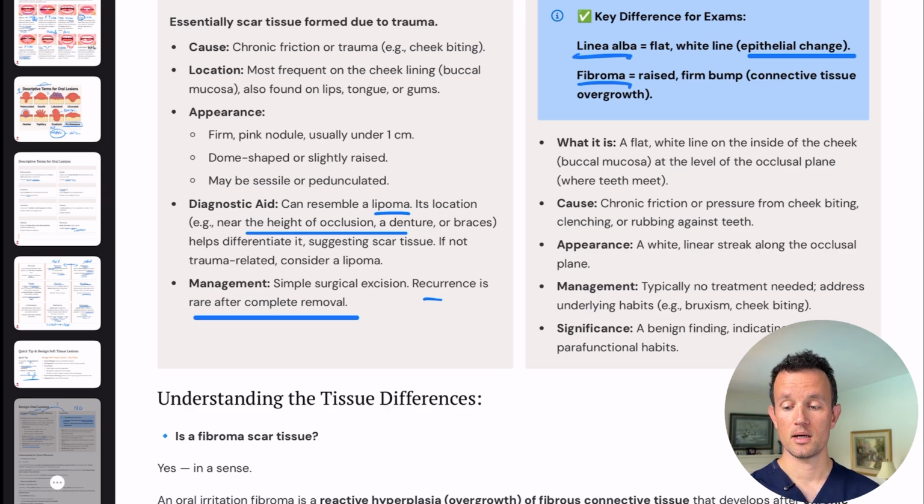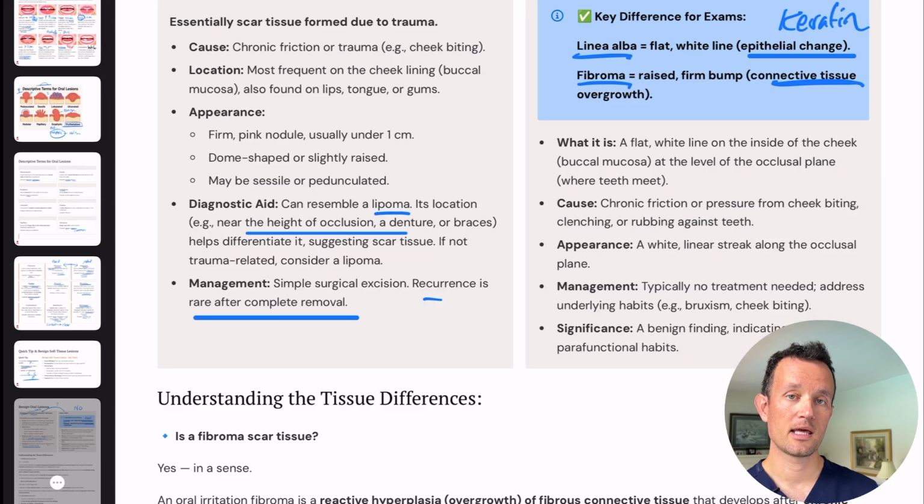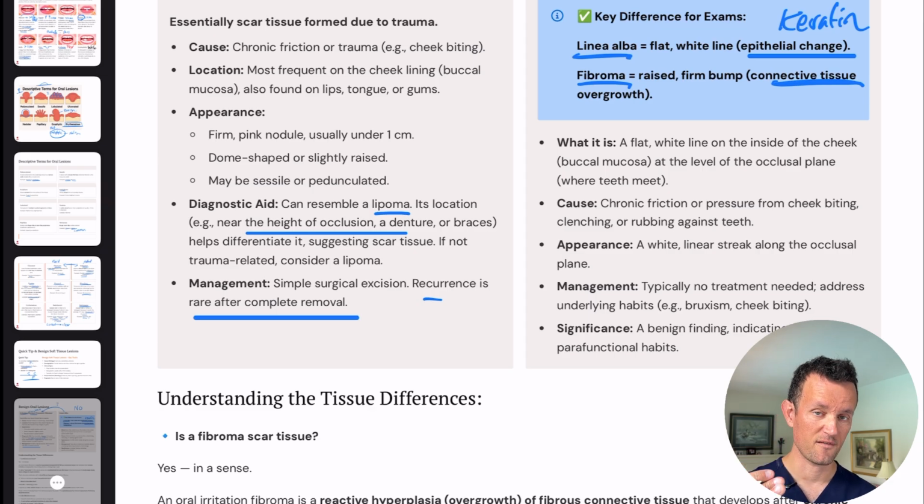A fibroma is a connective tissue change. A linea alba is going to be keratin, a keratinosis of that epithelium. The top layer responds by putting on more keratin. It's now tougher skin. A fibroma is the connective tissue that says, let's make a whole lot more collagen.